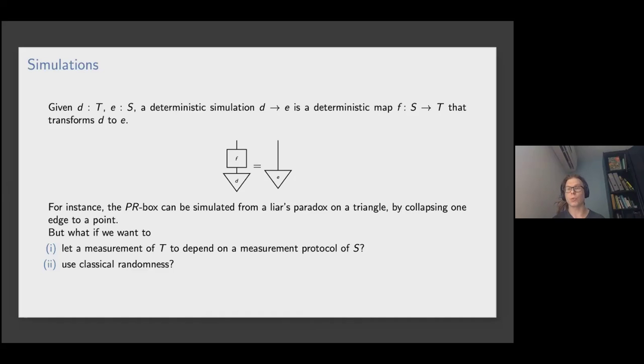Or you might want to do some more complicated measurement protocol where you say, I want to first measure this. Then based on the outcome, I choose what to measure next. And then based on that outcome, I choose what to measure next, and so forth. And the other aspect is that you might want to use classical randomness. So for example, you might want to choose randomly what to measure in T, and then when you get some outcome, you might want to randomly choose what outcome it means in S.